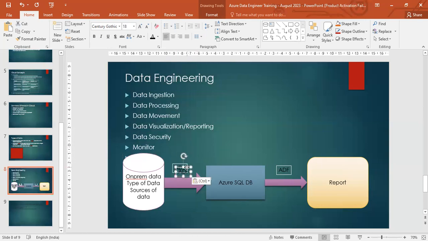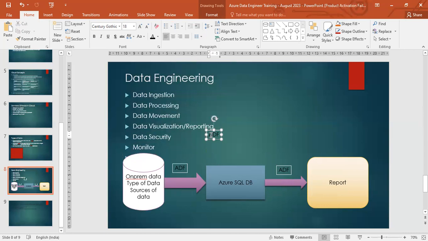So within Data Factory, you have drag and drop options or inbuilt functions. For example, join two CSV files, or filter records from the output of the join. Those are user-friendly drag and drop options.